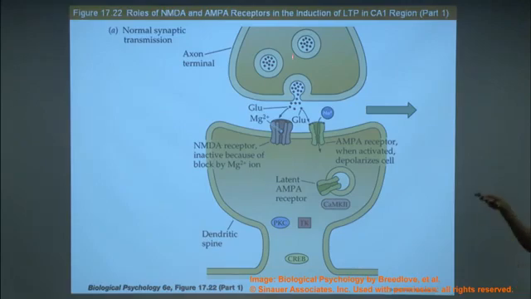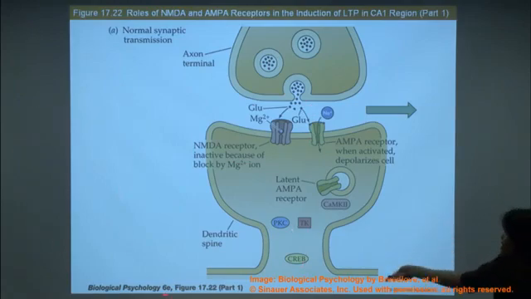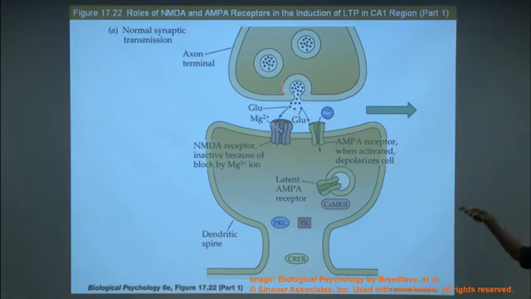You would do that by getting a whole bunch of glutamate out here to really activate all possible AMPA receptors. You could also do that by not only activating this little dendrite, but all the dendrites on this axon that are receiving inputs from CA3.